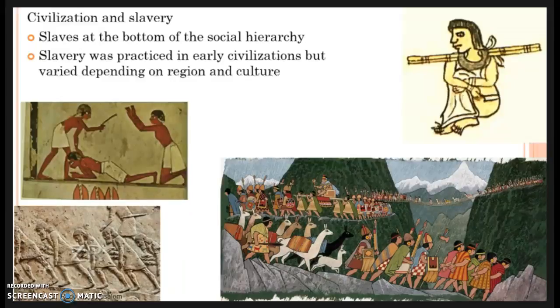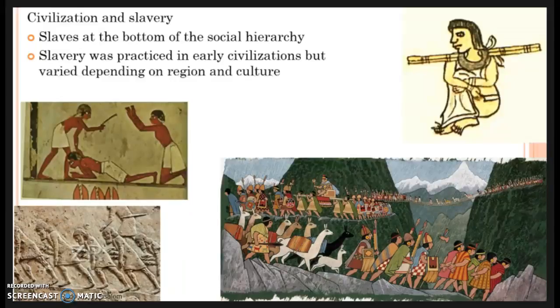Teotihuacan's entire existence, their whole social standing and belief was that everything depended on the sacrifice of prisoners and slaves to their gods. Now, China was also a warring state, but they were mostly at war with northern nomadic tribes where there wasn't large populations of settled individuals that you could draw slaves from.